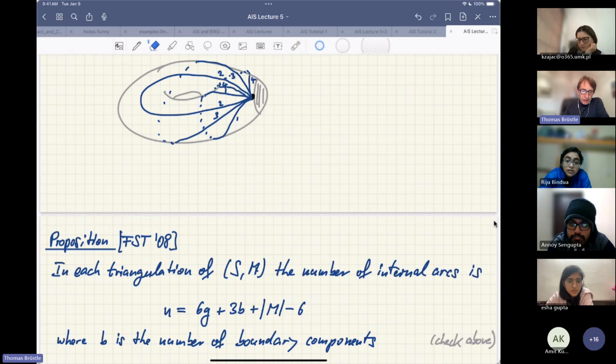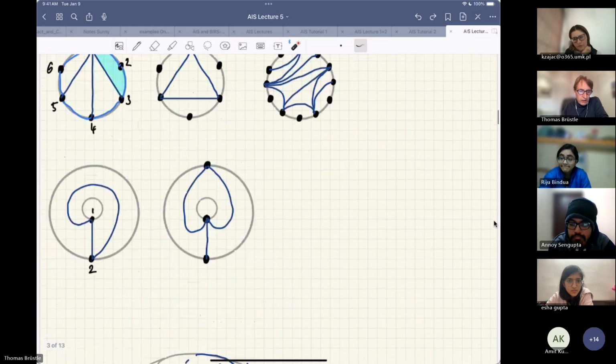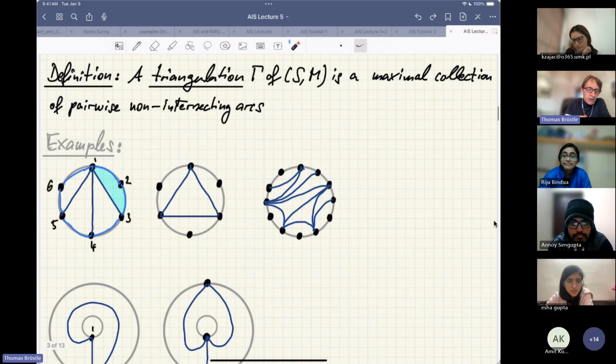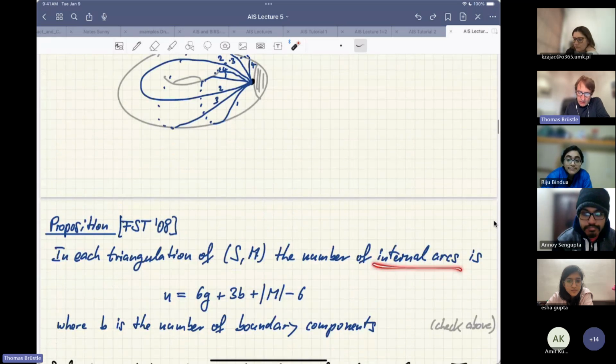When we do have a triangulation of such a marked surface, then the number of internal arcs. Did I say what is an internal arc? An internal arc is one which is not a boundary arc. So I have 1, 2, 3, 4, 5, 6 boundary arcs and 3 internal arcs, okay? Good. So the number of internal arcs in any triangulation is constant.